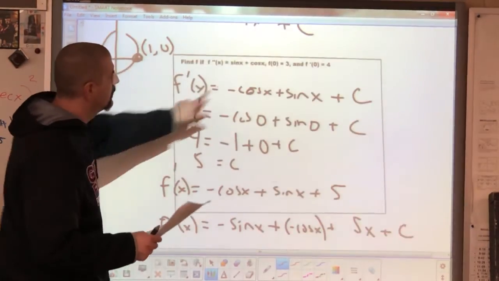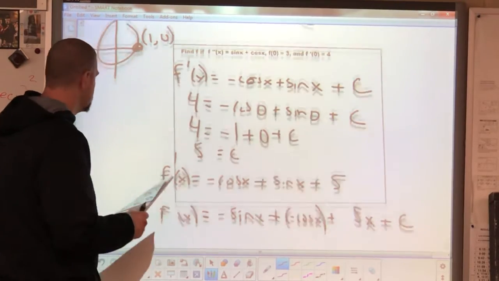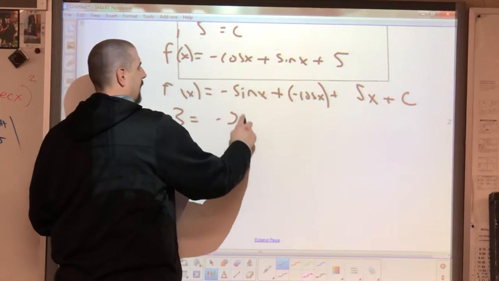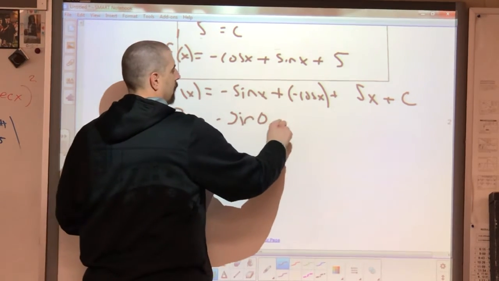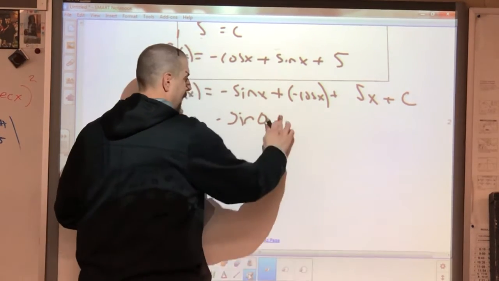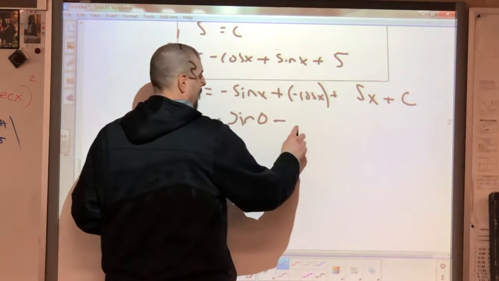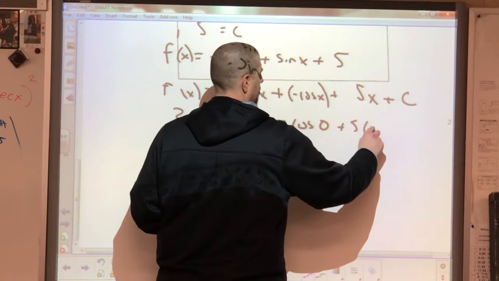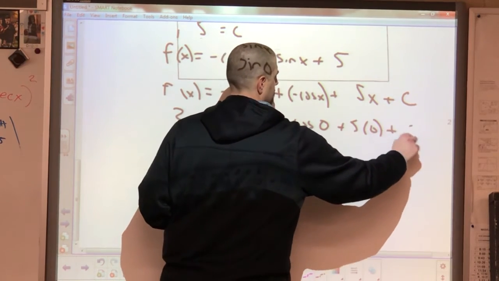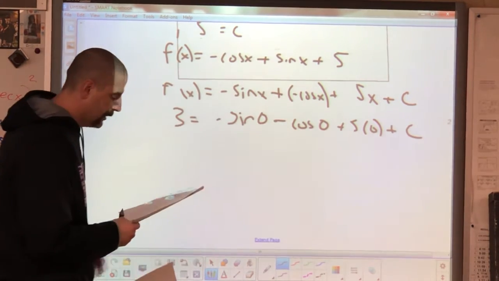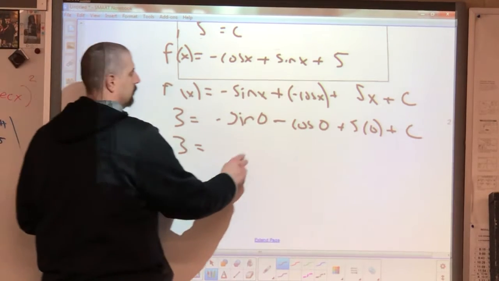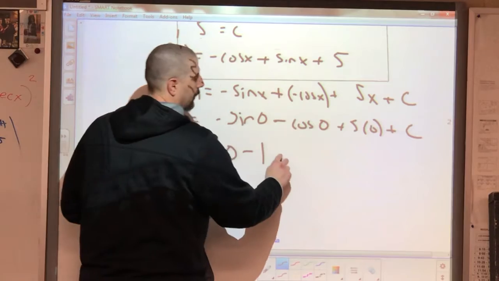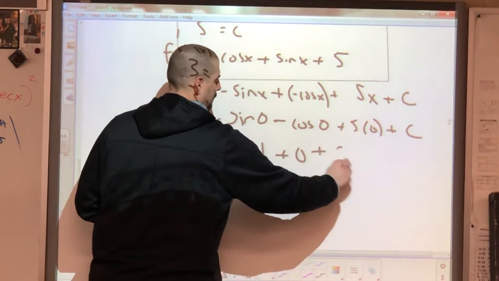And we're going to use this fact right here, f of 0 is 3. So we're going to have 3 equals negative sine 0, minus cosine of 0 plus 5 times 0 plus c. Okay? So you're going to get 3 equals, sine of 0 is 0, cosine is 1, so 0 minus 1 plus 0 plus c.